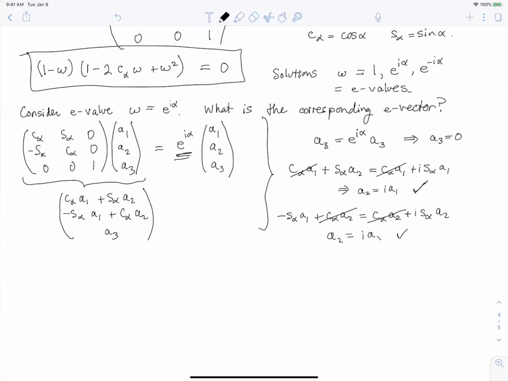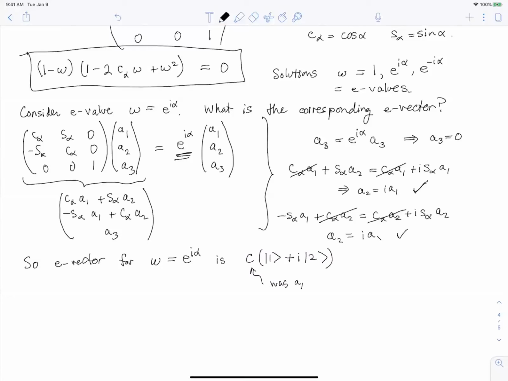And so what we've learned is that the eigenvector for the eigenvalue omega equals e to the i alpha is some constant c times the ket 1 plus i times the ket 2. c here is just a number that I was calling A1, but I've just renamed it for no particular good reason.